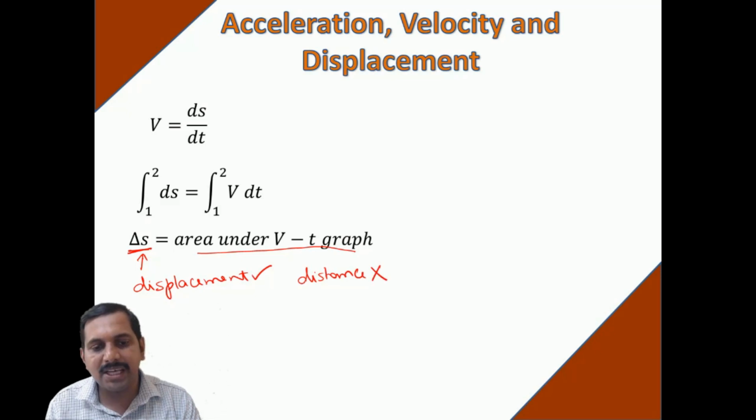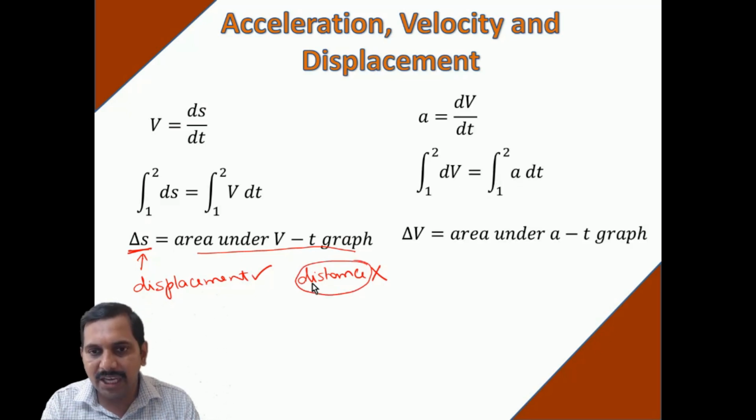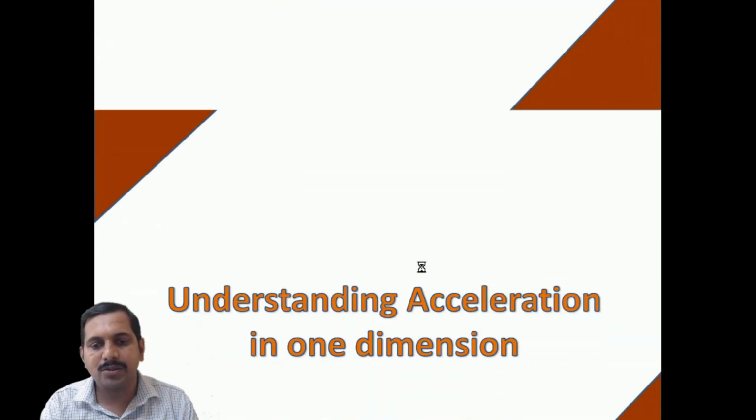So if somebody says distance is the area under the velocity time graph, then it is a wrong answer. Similarly, the area under the acceleration time graph is actually the change in velocity, not change in speed. Okay, so let us go further.